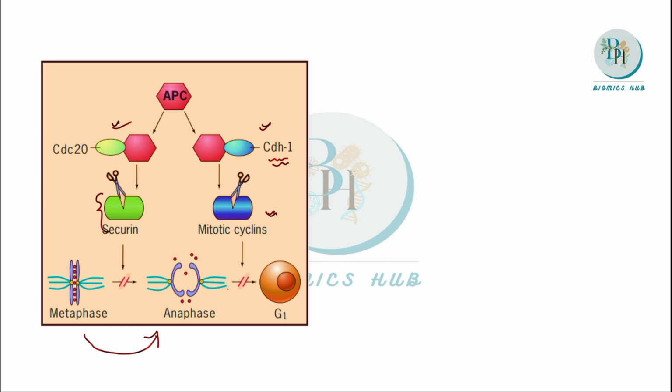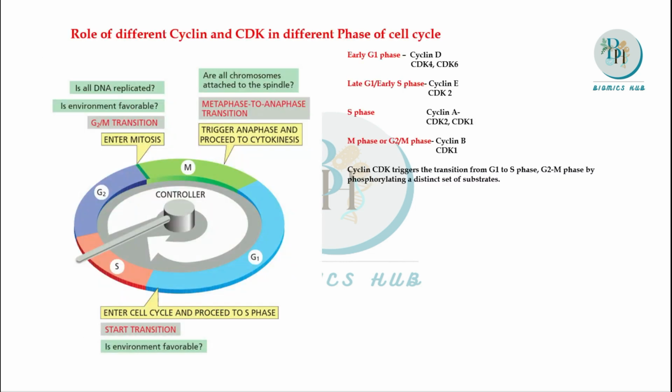That means when the cell is in anaphase and has to convert into G1 phase, the APC is activated by CDH1. When securin is present, it will not allow the chromosomes to separate. When securin is degraded, the chromosomes are allowed to separate in metaphase. This was the work of the APC.